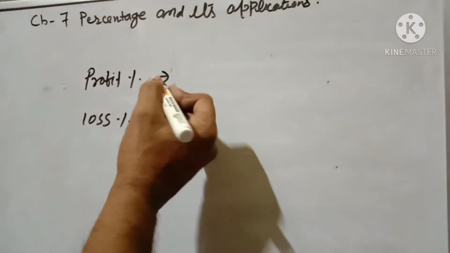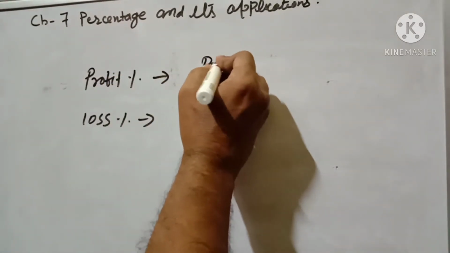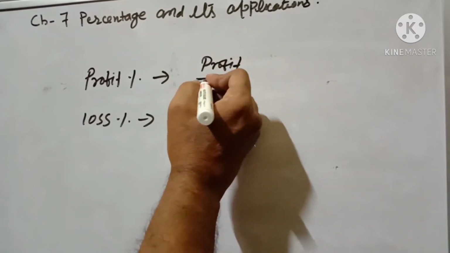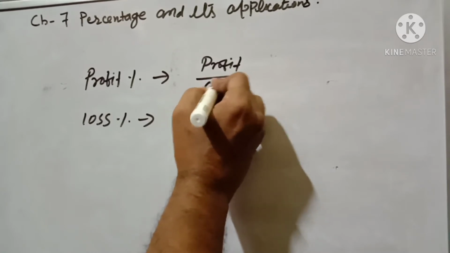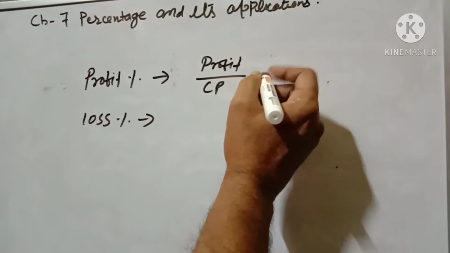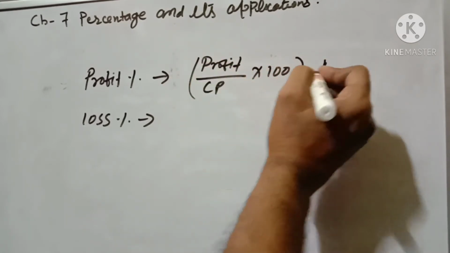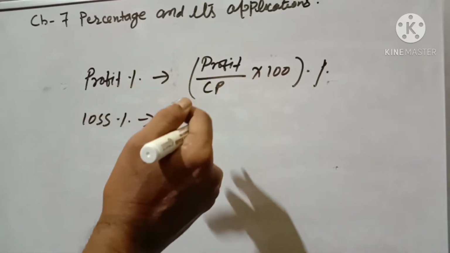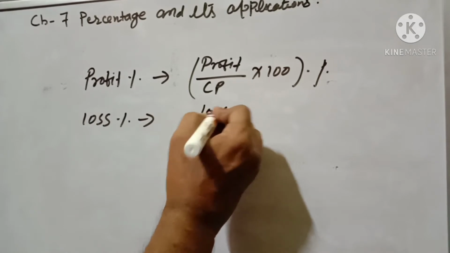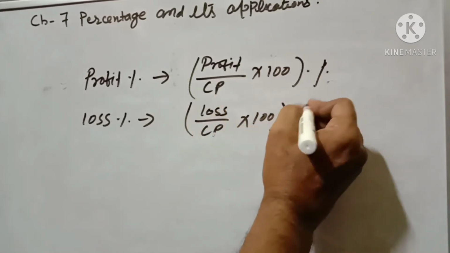Now see profit percentage and loss percentage. Profit percentage equals profit by cost price, short form CP, into 100, and give the percentage sign. In loss percentage, I can write loss by CP into 100 and percent.